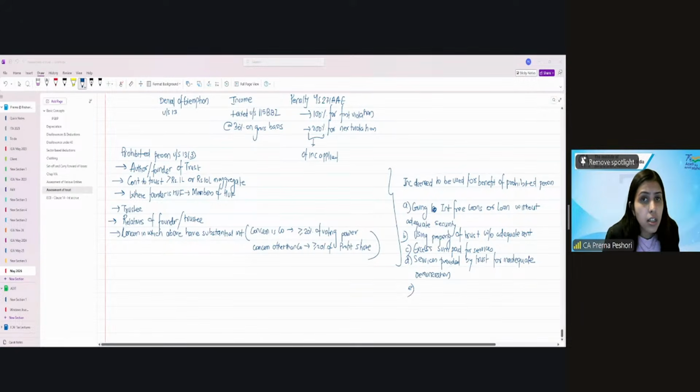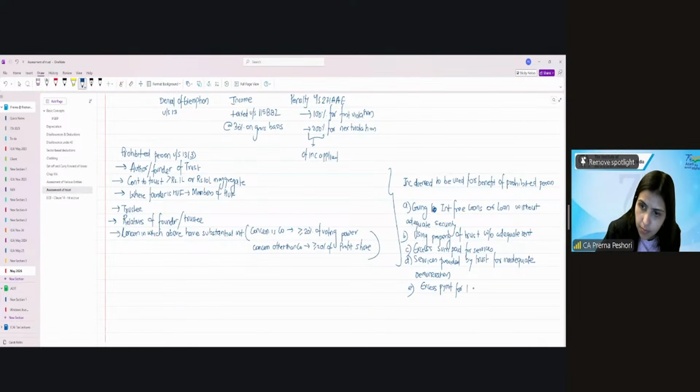Or the property, shares, or securities are purchased by the trust from these persons for a consideration which is more than adequate. So excess payment for purchase of property or securities.